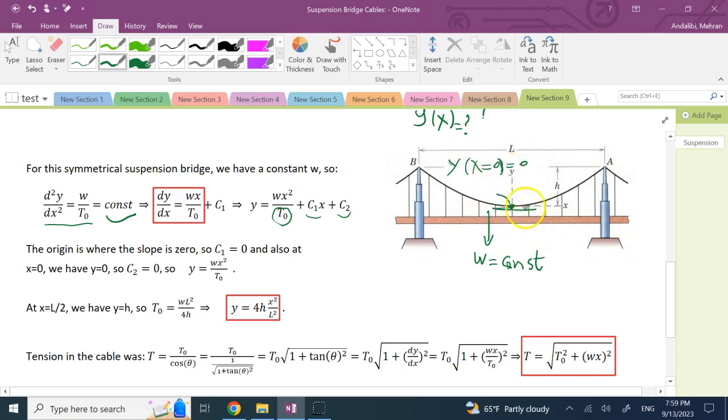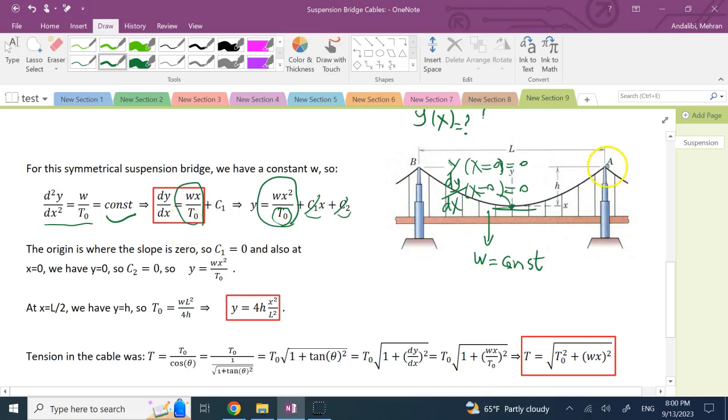Also, the slope is 0, which means dy over dx at this origin is also 0. If I plug those two, it means both of these constants are 0. So your y is just this term, that's the only term, and your dy over dx is just this term. Now, how do I find T naught?